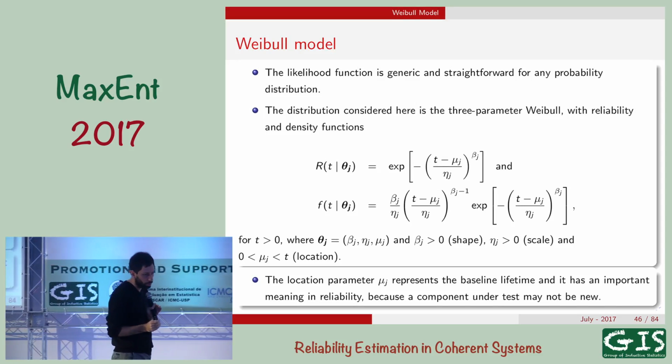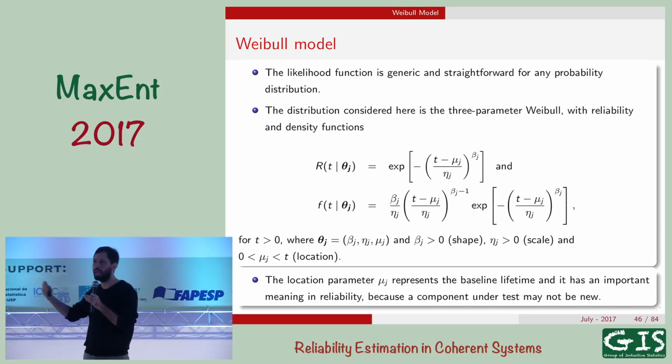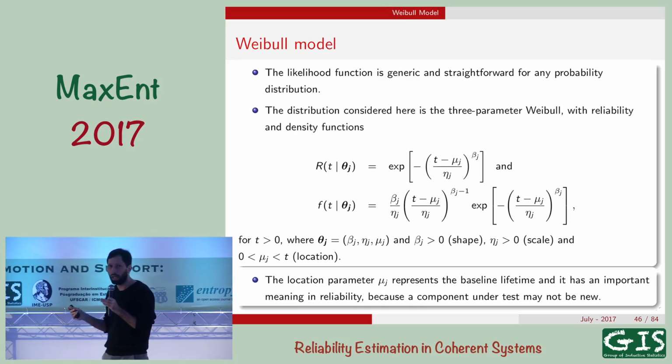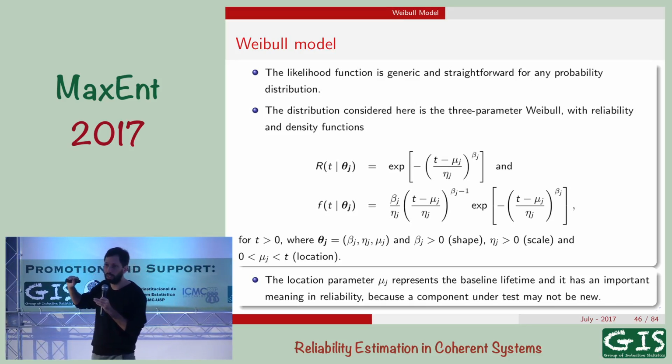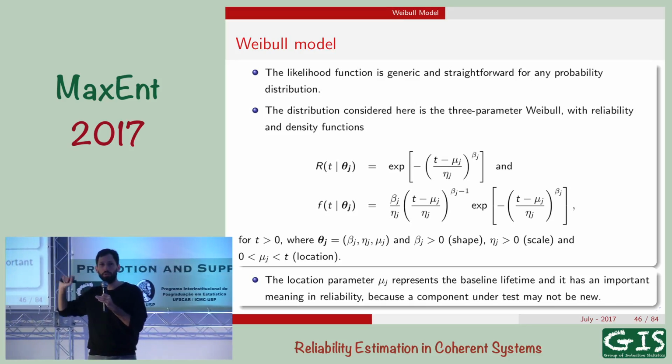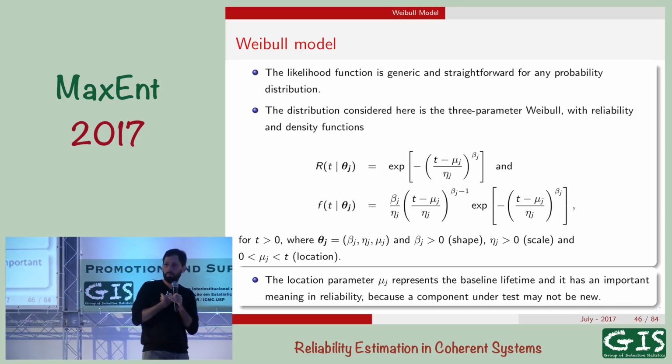How do I know that? Well, because I already used this model in many practical problems, and this is one of the transformations that I used, and the Weibull model starts to work much better.